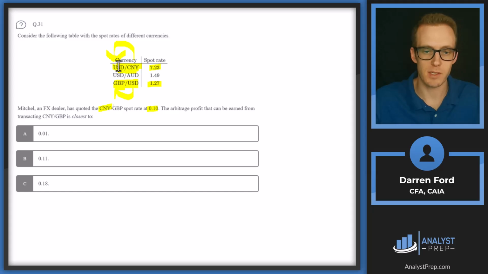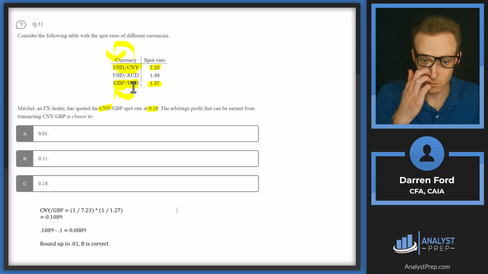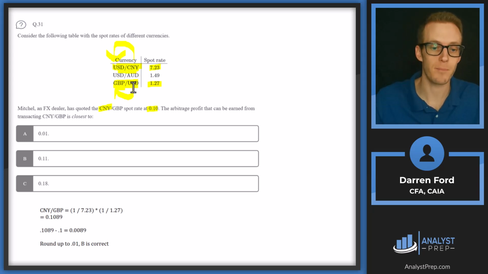And what that does is basically then we're multiplying CNY USD by USD GBP, and that's going to get us the correct spot rate. So let's bring that in. So we've got CNY GBP is going to equal 1 over this spot rate, which is what we just talked about, getting CNY into that price currency. And then we're going to multiply that by 1 over the 1.27 spot rate, which gets our pound into the base currency spot.